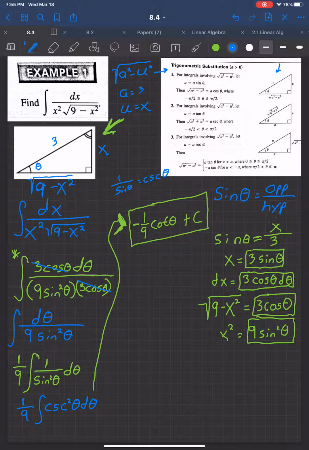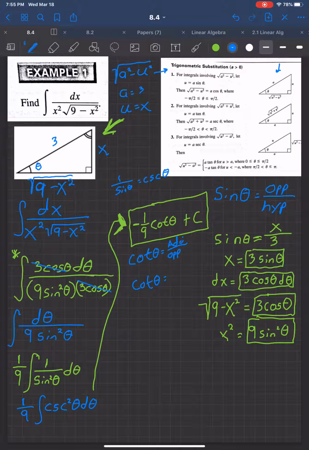Right? Because let's go ahead and think about it. How do we define cotangent of theta? Well, tangent is opposite over adjacent, so cotangent is the adjacent over the opposite. So in this case, cotangent of theta, let's look at our triangle.